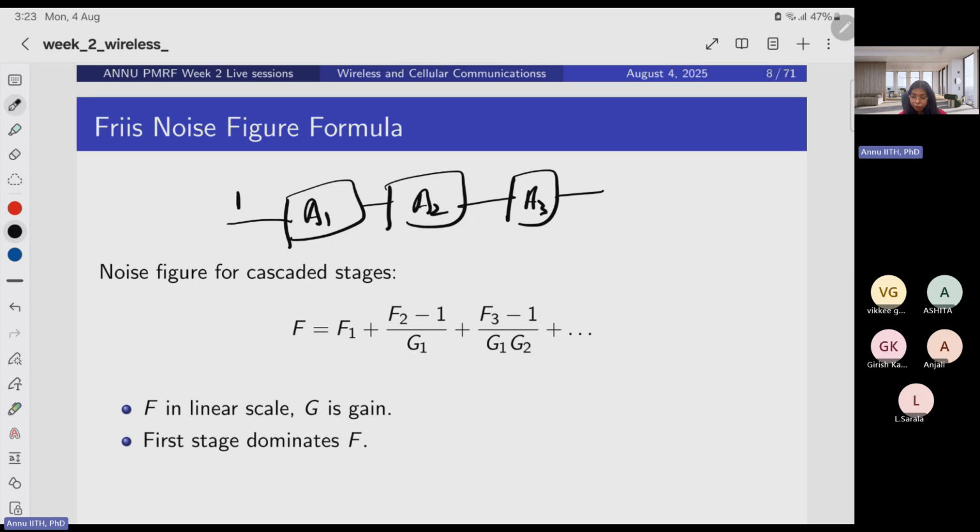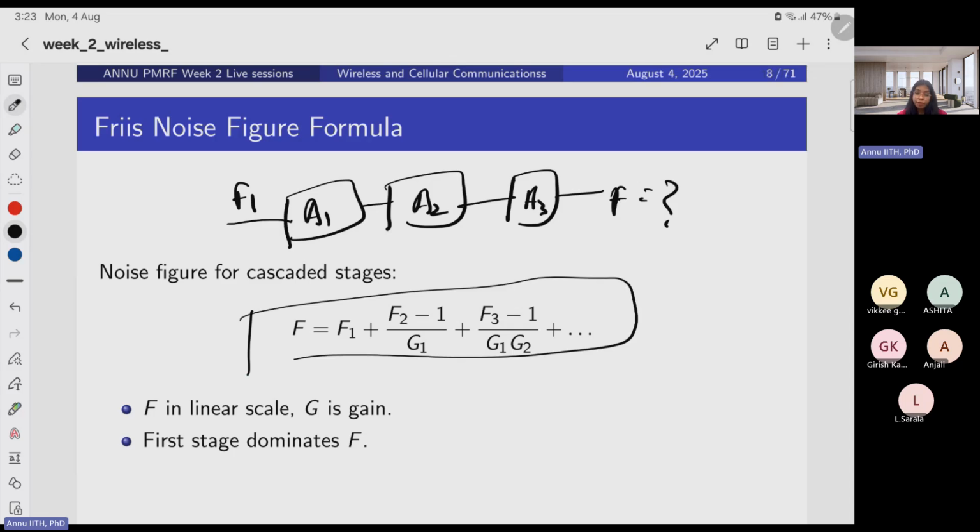If you have noise figures F1, F2, F3, what will be F? The formula is F equals F1 plus (F2 minus 1) divided by G1, where G1 is the gain of stage 1, G2 of stage 2, G3 of stage 3, plus (F3 minus 1) divided by G1 times G2. All the F values are in linear scale, G is gain, and the first stage dominates F. So F equals F1 plus (F2 minus 1) divided by G1 plus (F3 minus 1) divided by G1 G2.